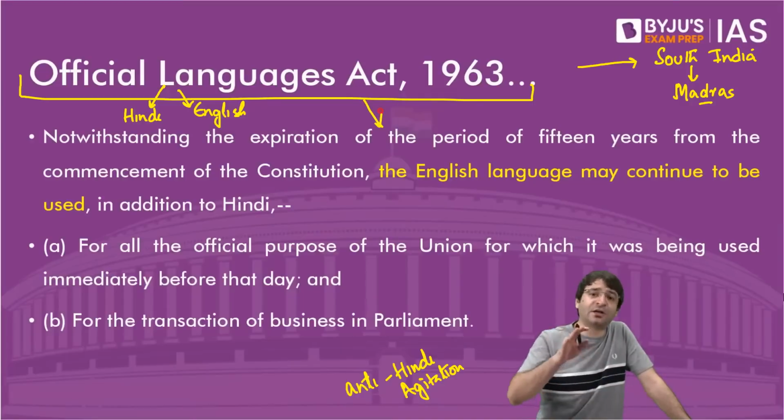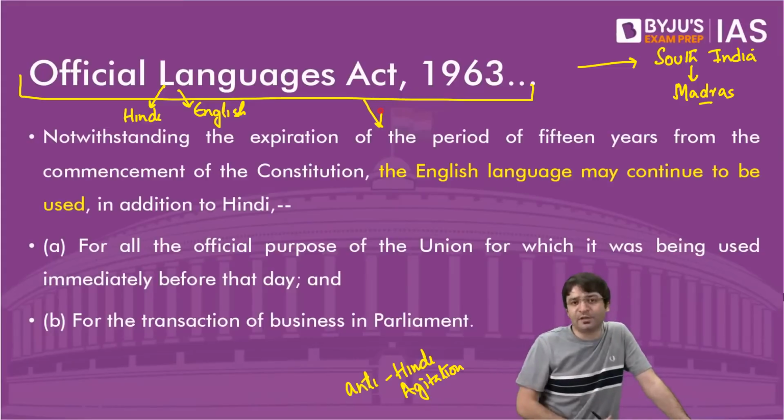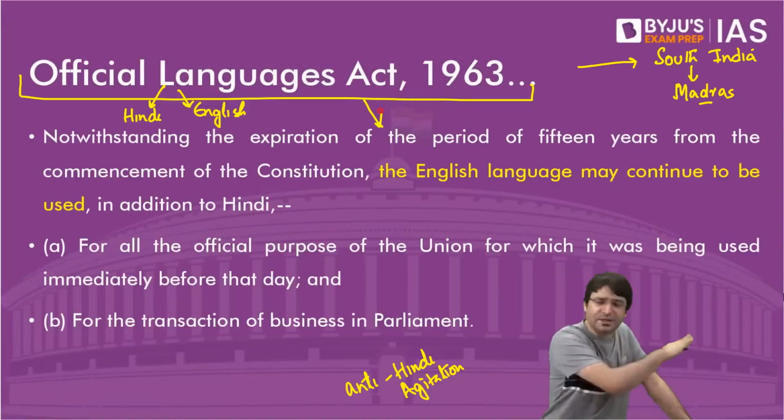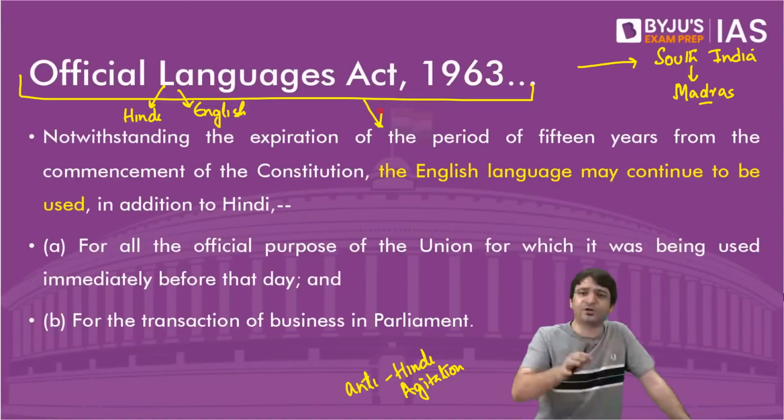Notwithstanding the fact that the Constitution says that English will not continue beyond 15 years of the commencement of the constitution. Notwithstanding that, both Hindi and English will now be the official language of the union.